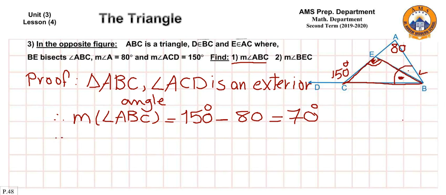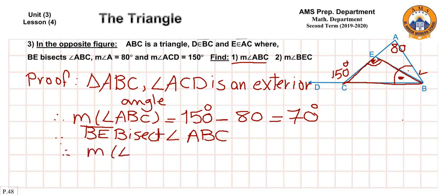So since BE bisects angle ABC, therefore the measure of angle EBC equals 70 over 2, which equals 35 degrees.